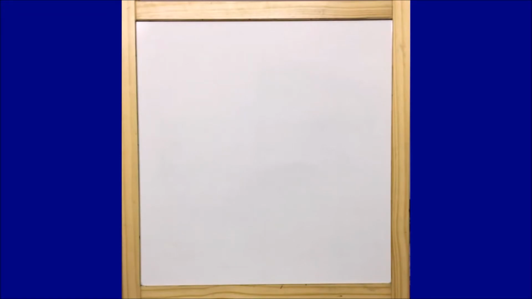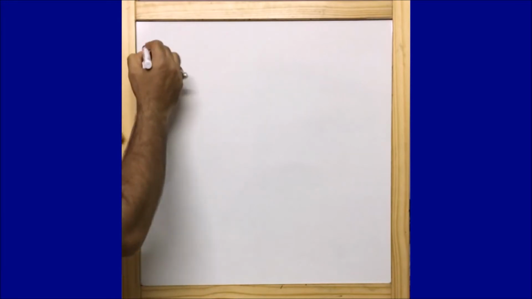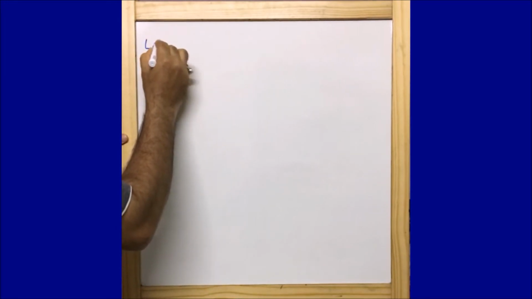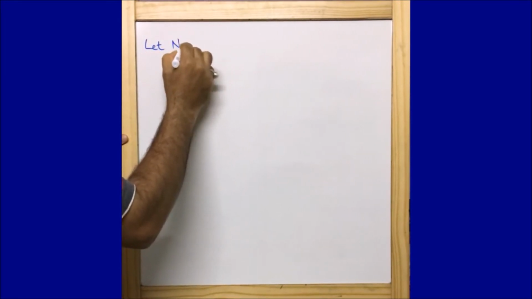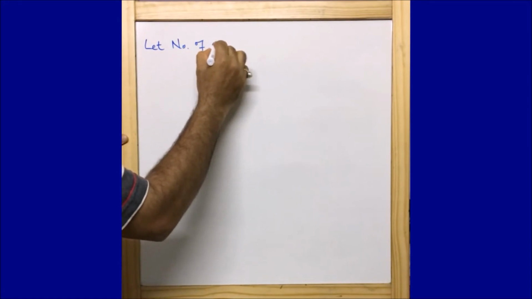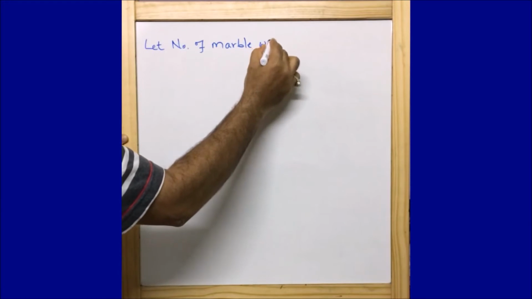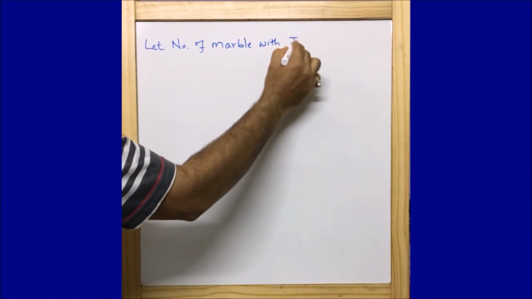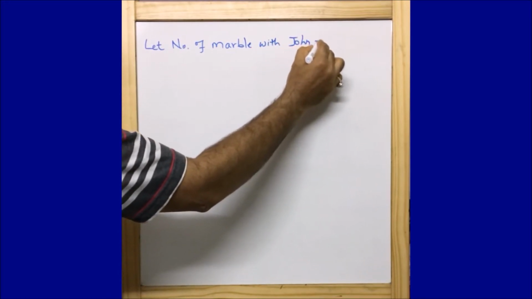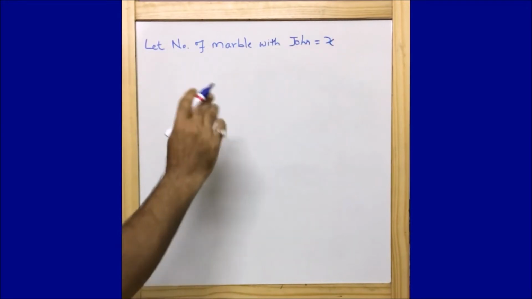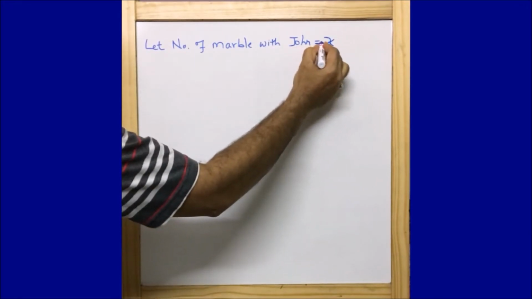As per the question, John and Jivanti altogether have 45 marbles. Let the number of marbles with John be X. We don't know how many marbles John is having.